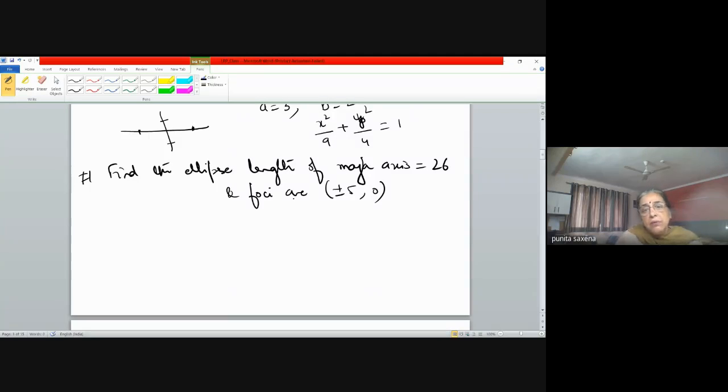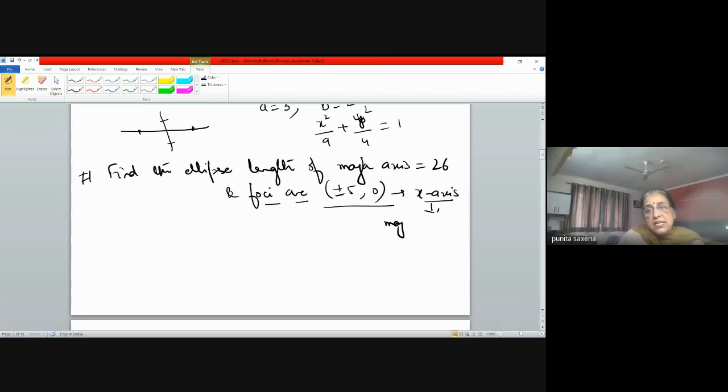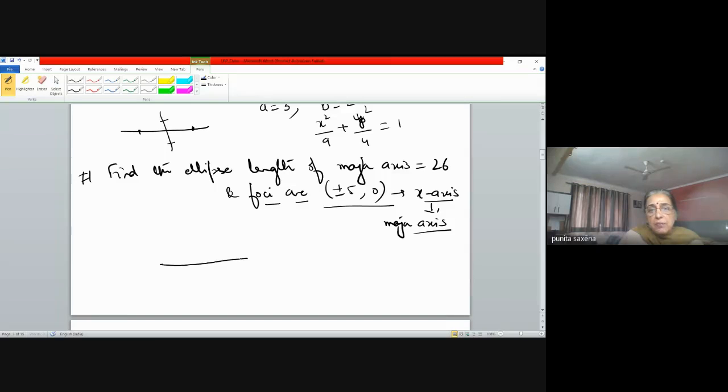Now wherever your foci are lying, that defines your major axis. Yes, ma'am. अब जो हमारे foci के coordinates हैं वो कैसे हैं? Y coordinate 0. So that means both my foci lie on which axis? X-axis. That means my x-axis is my major axis. ठीक है. अब ये देखो, इसका मतलब क्या हुआ?